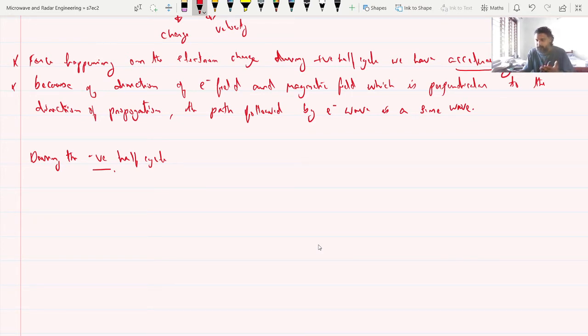During the positive half cycle we have what you call the accelerating force, whereas during the negative half cycle we have the resistive force. So during the negative half cycle, what happens?